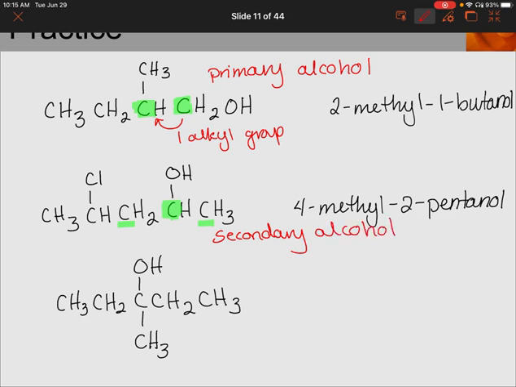Then let's look at the last one. Let's find the carbon that the alcohol is bonded to. How many carbons is that carbon bonded to? 1, 2, 3. So this is a tertiary alcohol.